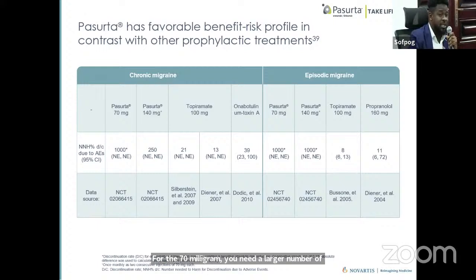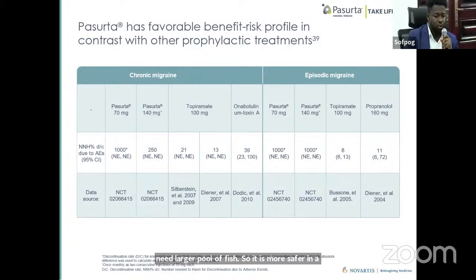You need about 1,000 patients taking it to cause one harm. Whereas for topiramate, you may need only about 21 or 13 in different trials to cause one harm. So it is safer in a larger pool of patients as compared to topiramate.